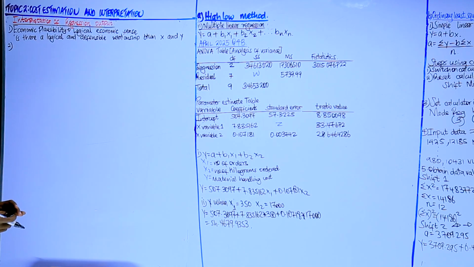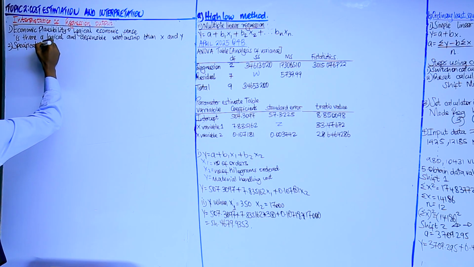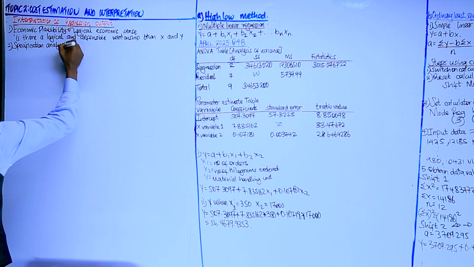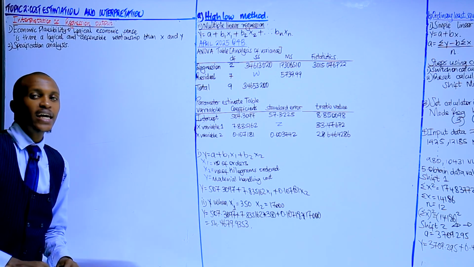The next method that we use to evaluate regression equations is specification analysis. With specification analysis, you simply analyze the assumptions of a regression.